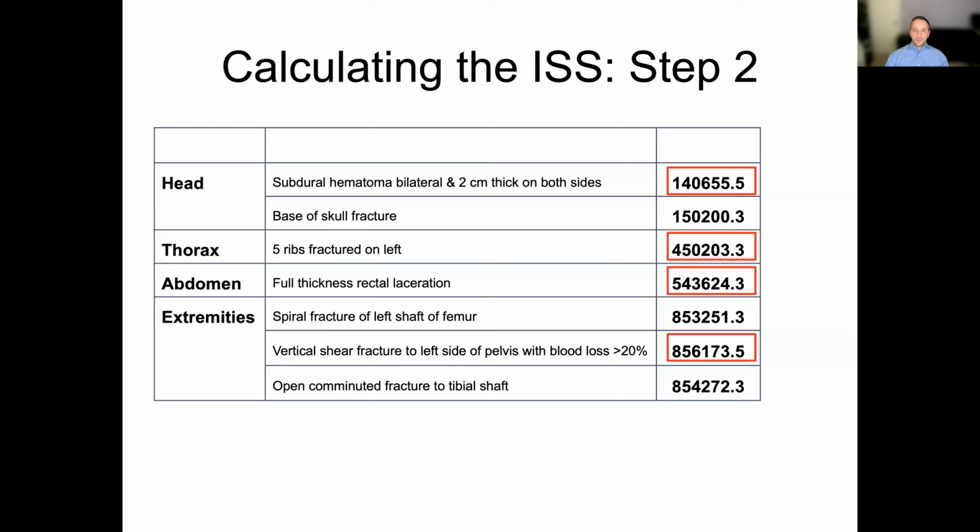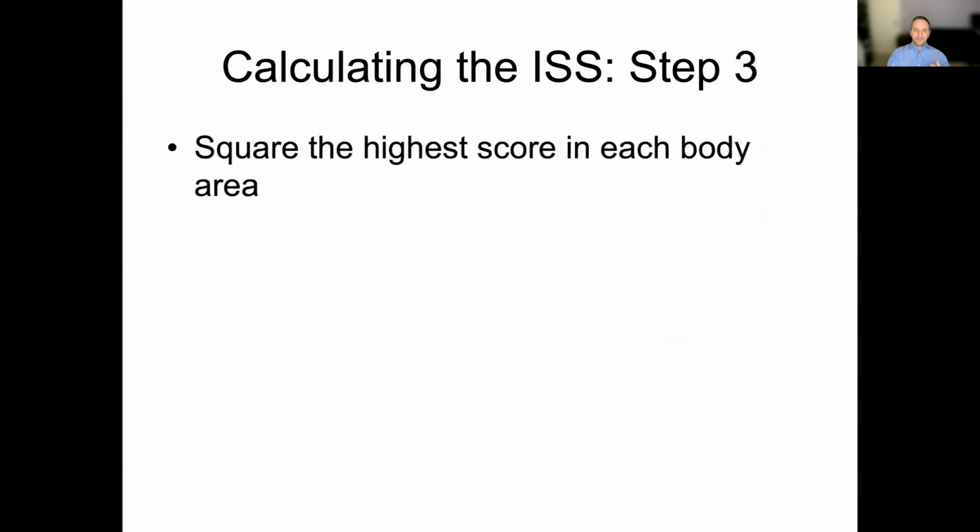The thorax only has 1 injury, so you include that. The abdomen only has 1. And then of the 3 extremity injuries, again, the one with the highest post-dot code is 5. So step 1 is I assign AIS codes to all of the injuries. Step 2 is identifying the highest AIS, or the most severe injury, for every body region.